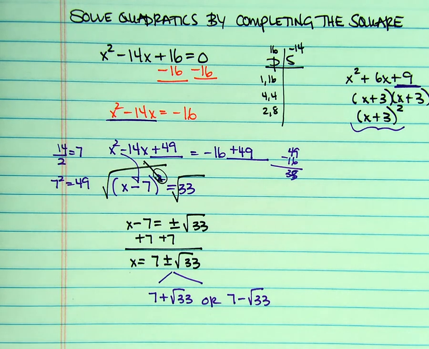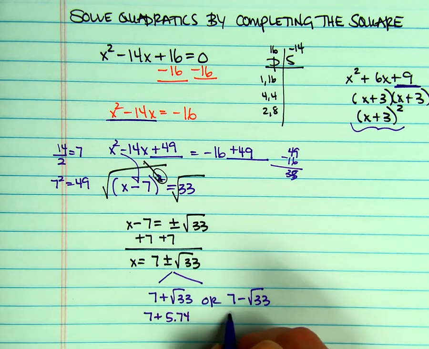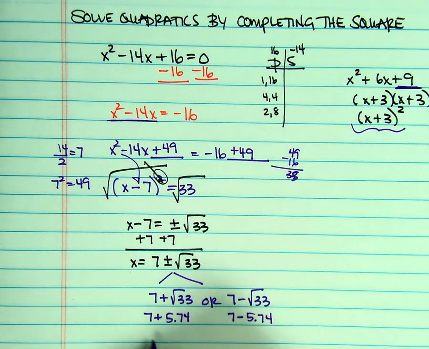So in my calculator, if I do that, I end up with 7 plus, you do not need to write this down, a 5.74. So this would be 7 minus 5.74.